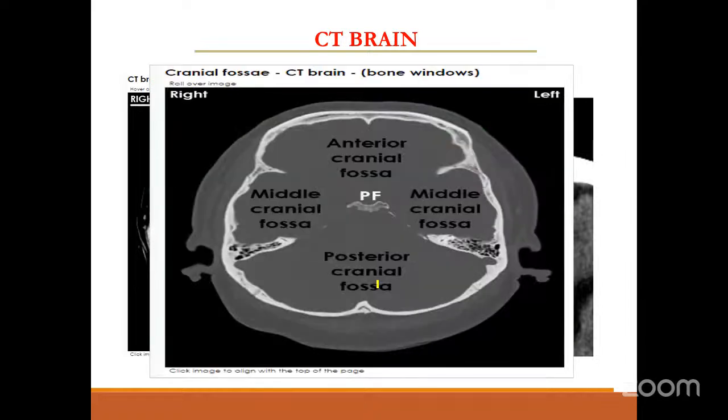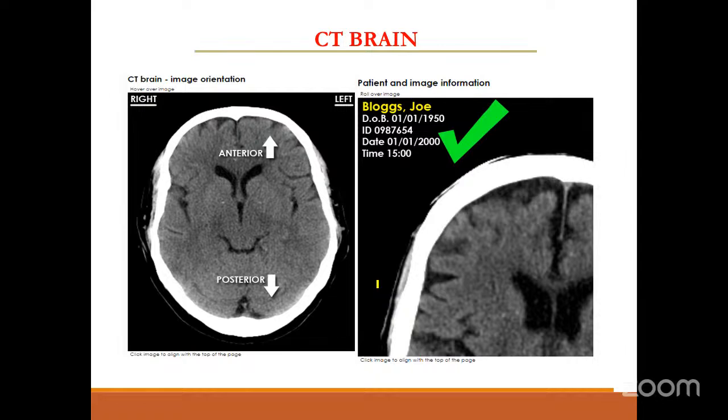So, basic anatomy: the cranium or skull is formed out of many bones, be it frontal bone, parietal bone, temporal bone. Unlike other bones in the body which form joints, a joint between two cranial bones we call a suture. Inside this skull, we have the brain parenchyma.